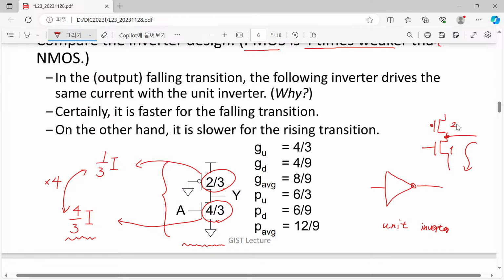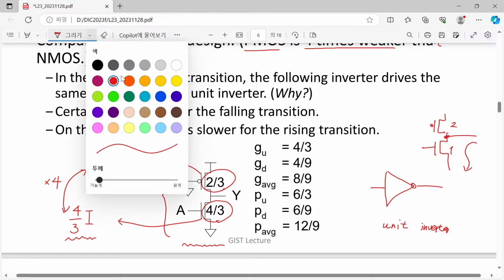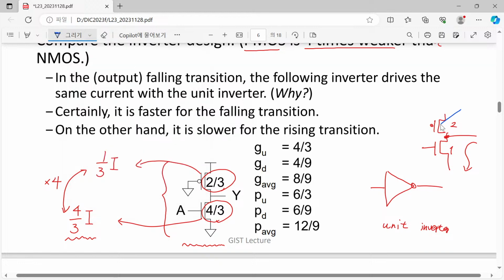Of course, here we have no contribution from the turned off P MOSFET; it doesn't play any role. We have just a unit-sized N MOSFET, so its current to pull down this output voltage is simply given by the unit value I.